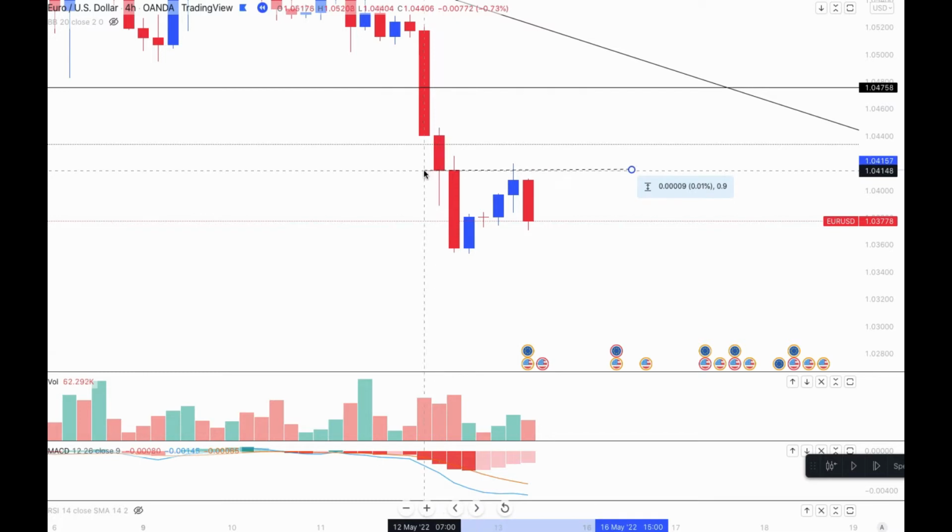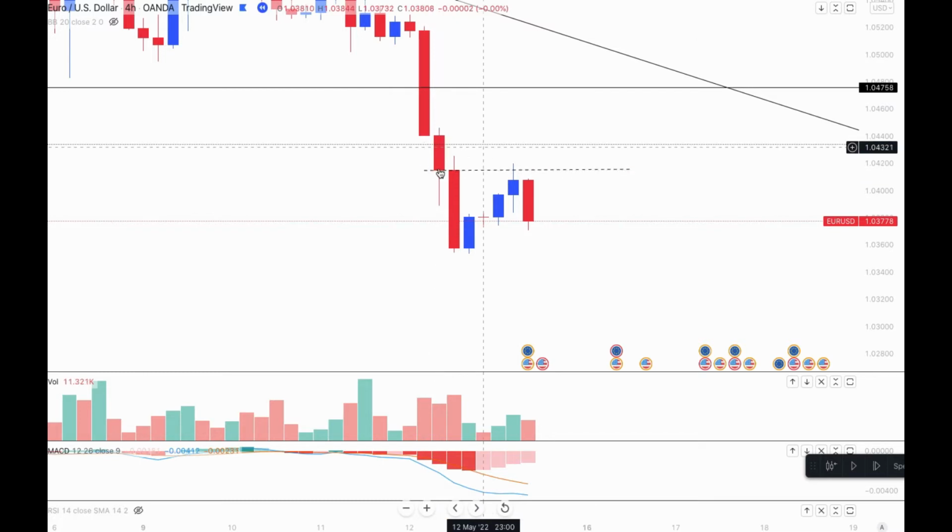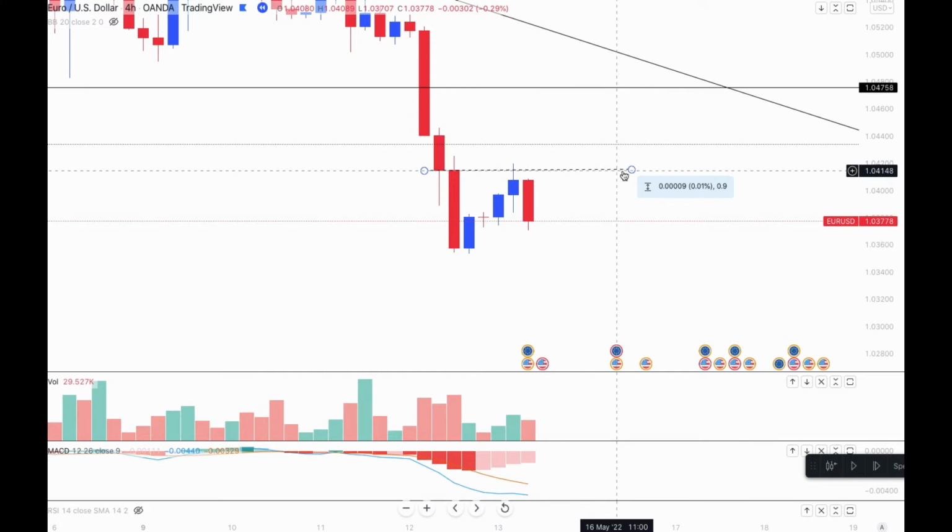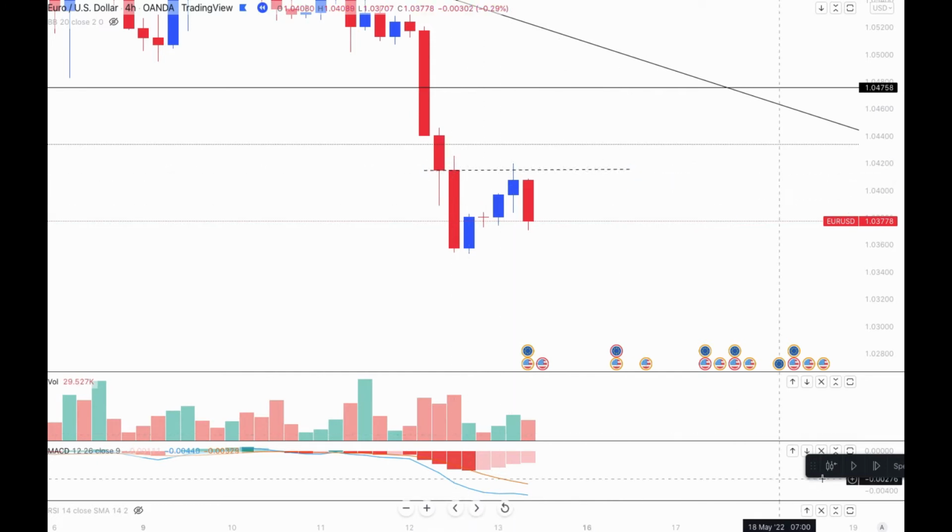The candle closed above it, treating it as support. Next candle breaks below exactly on this line. Within the next few candles, it tries to come back up and punch above it, fails. All right, so now we have a resistance of sorts. Let's keep it simple. We have a resistance right here, and we are waiting to see if price can break it or not.